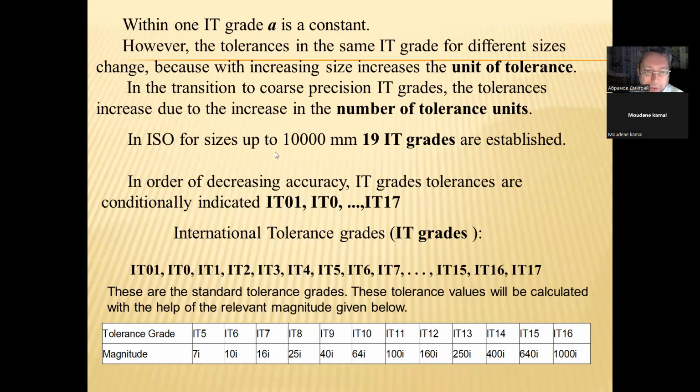Please write down these sentences. In order of decreasing accuracy, IT grade tolerances are conditionally indicated: IT01, IT0, IT1, IT2, IT3, and the last IT17.